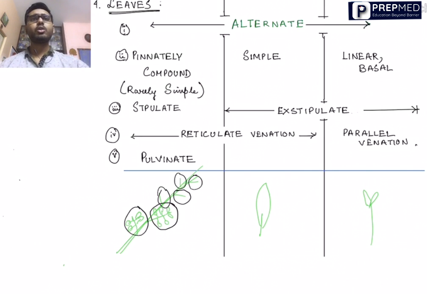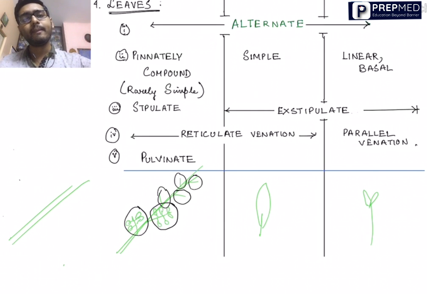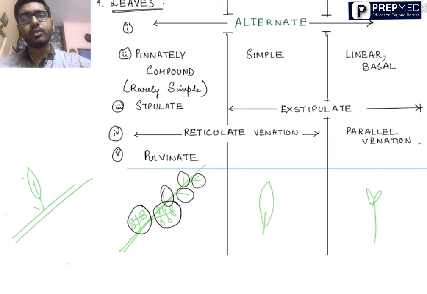Now let's come to a very important structure or a concept of stipule. If this is a stem and this is a leaf, this point is called the leaf base. If at the leaf base we find small leaflet or leaf-like structures, then they are called stipules.